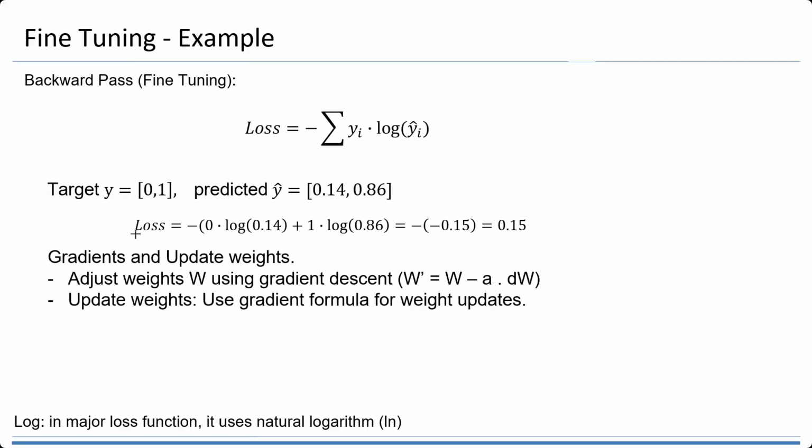Then the loss will be, you can just embed the values: 0, meaning this is the probability for the first class, times log 0.14, plus this is the probability of the second class, which is 1, multiplied by the log of 0.86. Then we get the loss, which is 0.15.